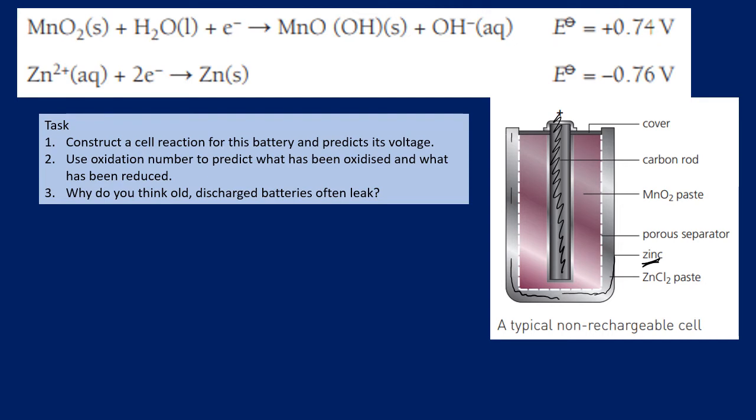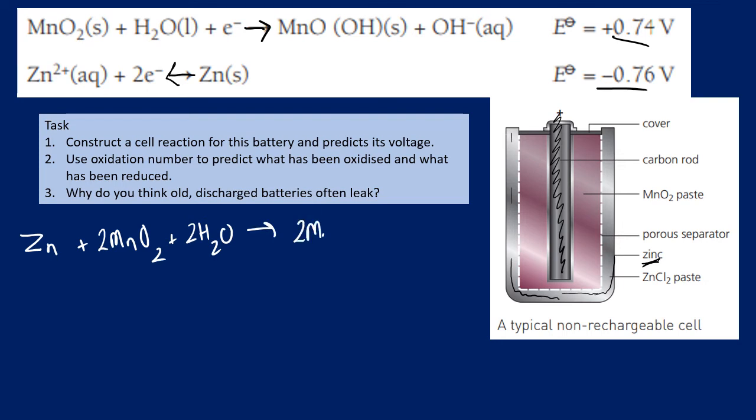Right, cell reaction then. In this case, the zinc is going to be the negative electrode and will be oxidized, and the Mn is going to be our positive electrode because of the values here. So for the cell reaction, we will need to multiply the top one by 2, so it'll be Zn plus 2MnO2 plus 2H2O equals 2MnO plus 2OH minus plus Zn2 plus.